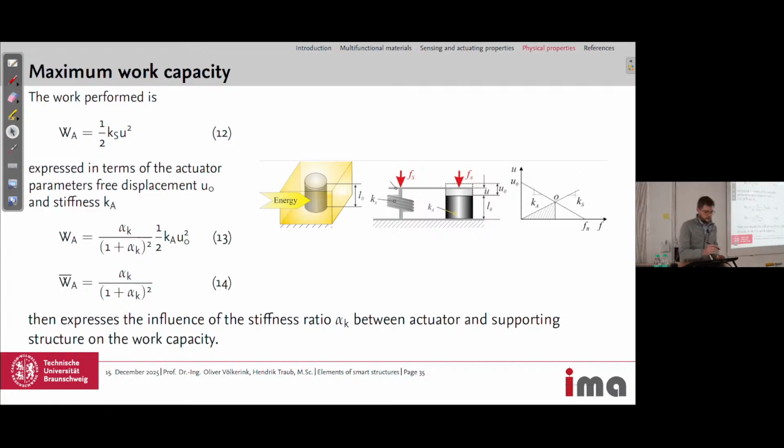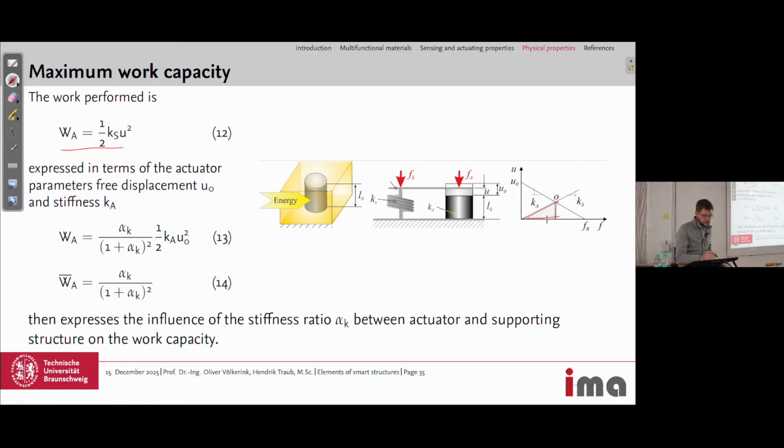And this performed work can also be written as WA equals half, or 0.5, times Ks times U squared. So this is this area.